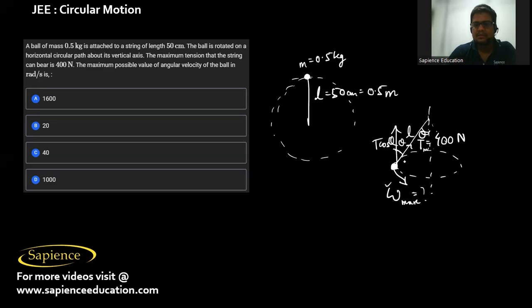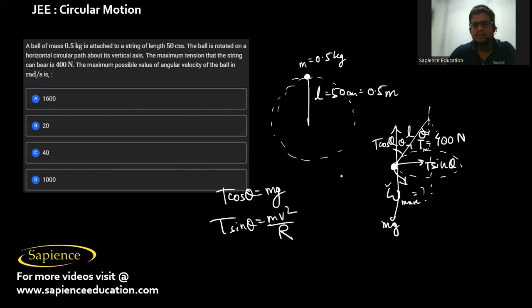This will be T cos theta, this will be T sin theta, and this will be mg obviously. So T cos theta will be equal to mg and T sin theta will be equal to mv square by r. R is the radius of the circular path, which will be equal to L sin theta obviously.